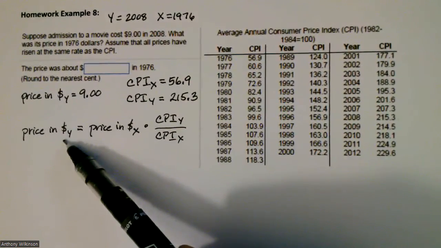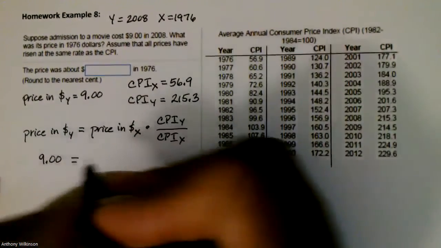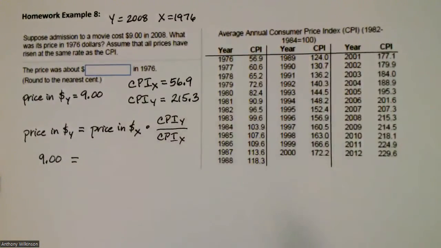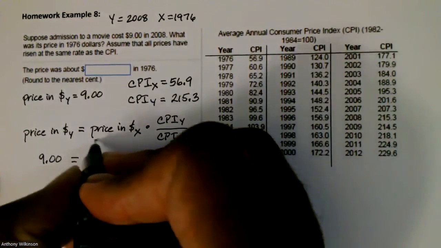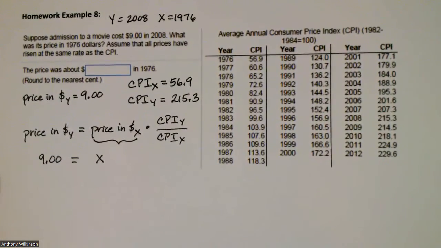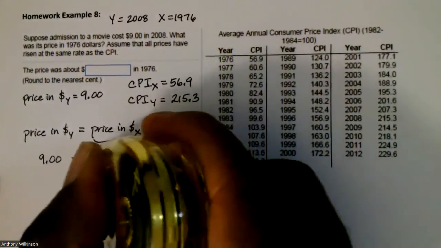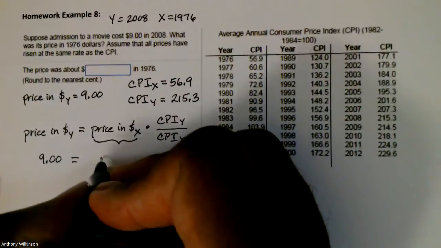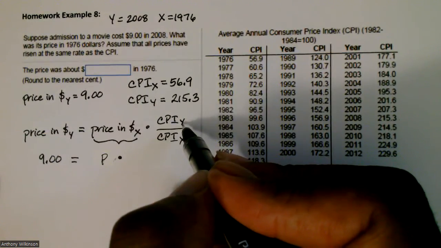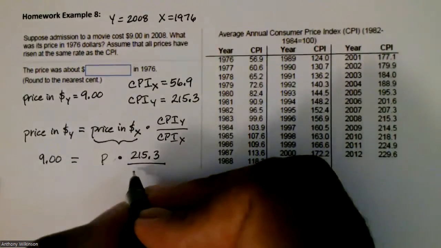The price for Y, 2008, is $9. That's equal to the price in dollars for X. To avoid confusion, let P be that price in dollars for X. Times the consumer price index for Y, 215.3, divided by the consumer price index for X, 56.9.